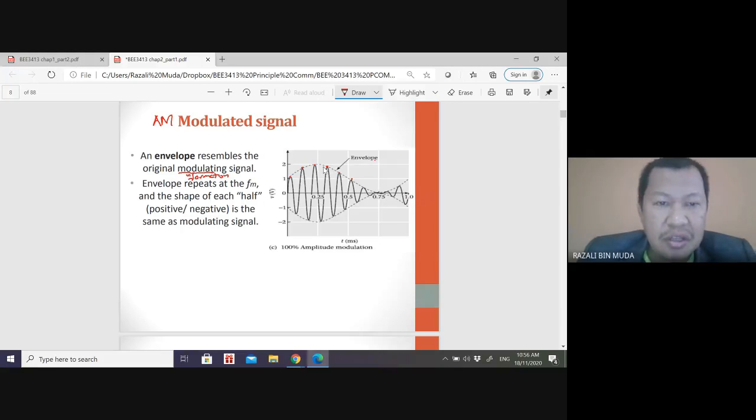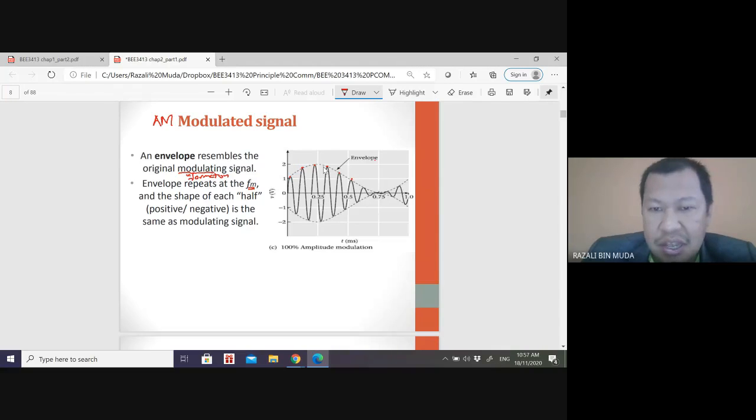So first, the envelope resembles the original modulating signal, and then the envelope repeats at the FM. FM is the modulating signal. Okay, so it has a half positive and negative. So here you can see this is positive, this is the negative of that modulating signal.